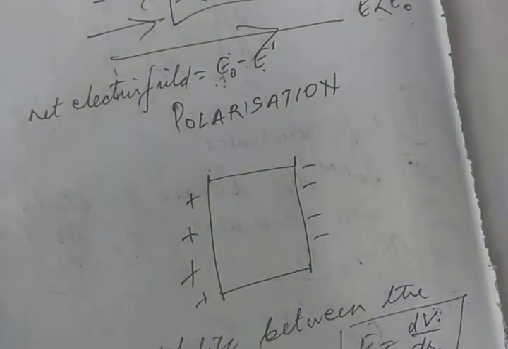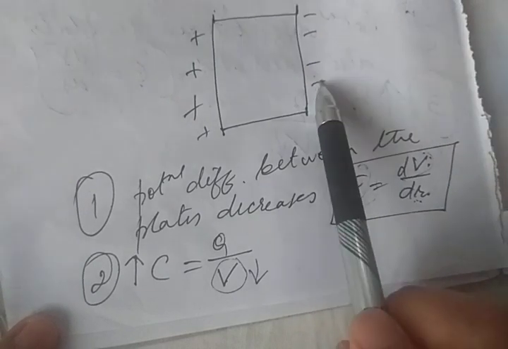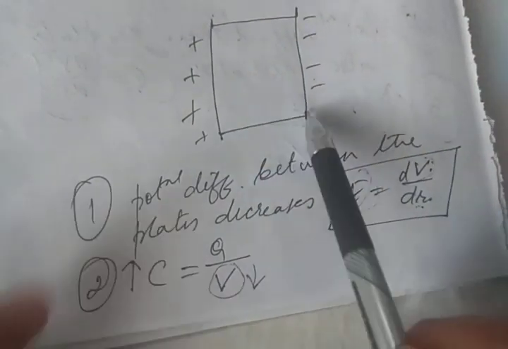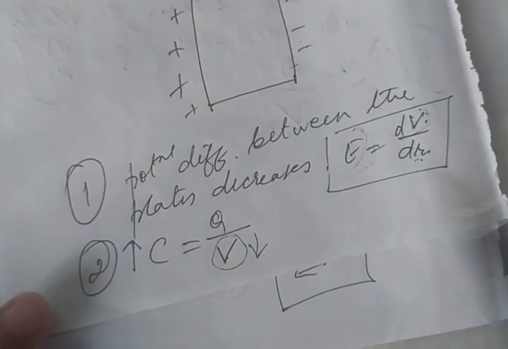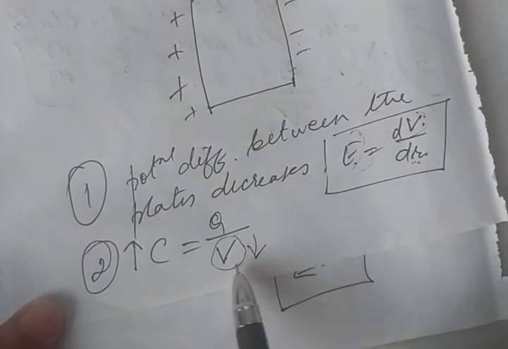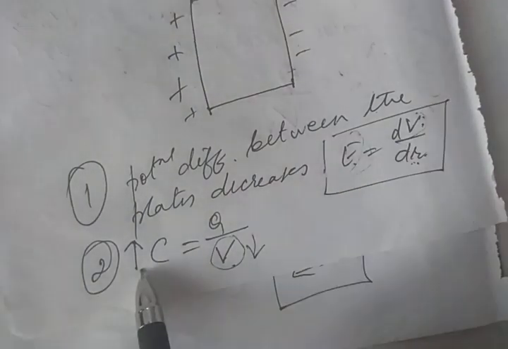As you know, the more charges it can store, the better a capacitor it is. Therefore, in order to increase the capacitance of a capacitor, we place a dielectric substance in between the two plates, because of which the electric field decreases, the potential difference between the two plates decreases, thereby the capacitance of the capacitor increases.